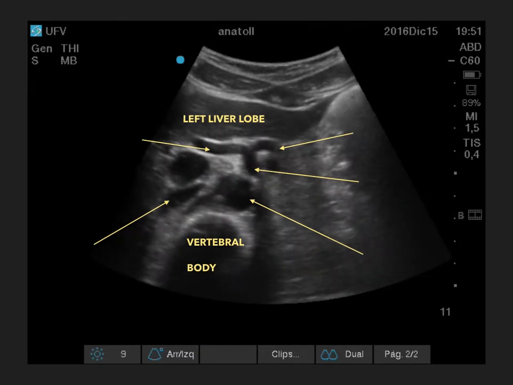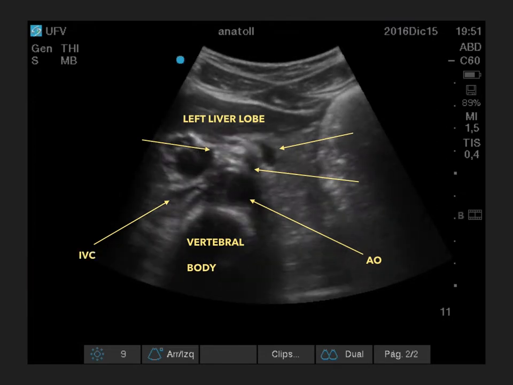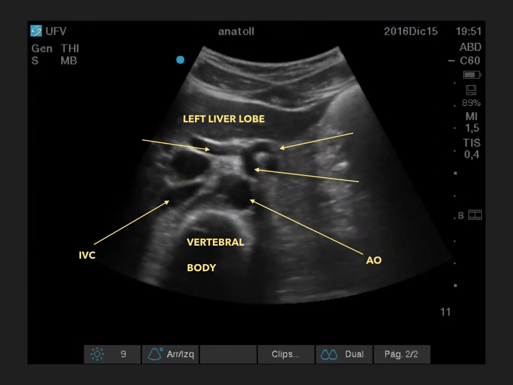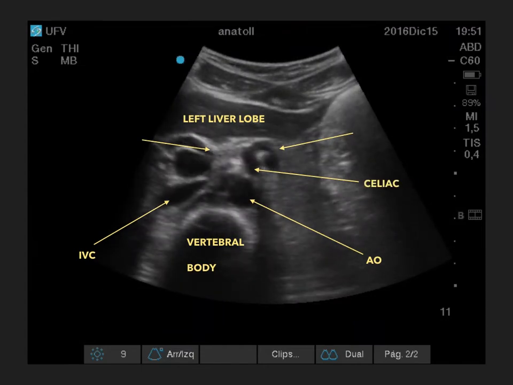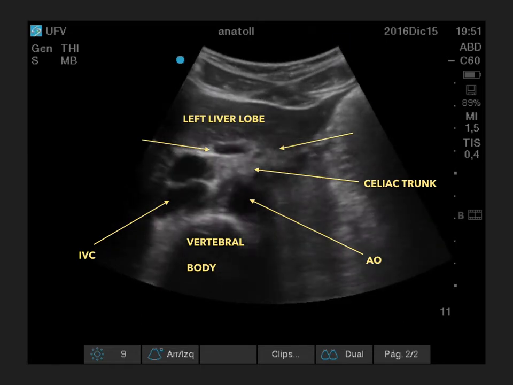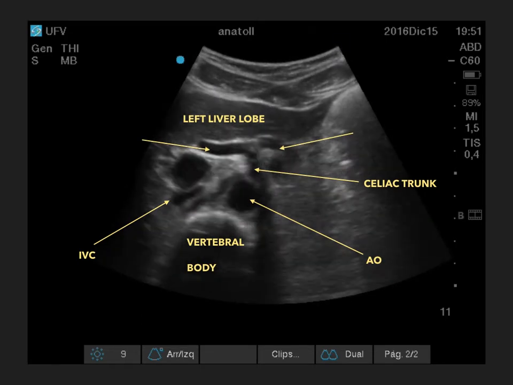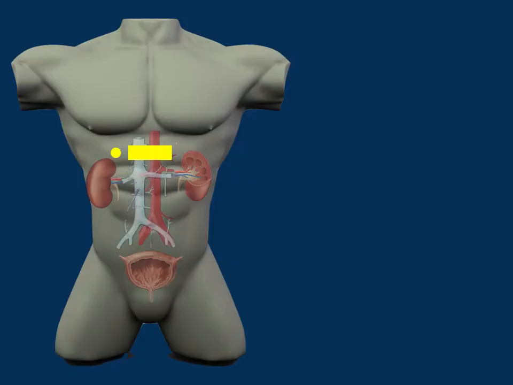Anterior to the vertebral body is the aorta and the inferior vena cava on the right side. There's a tube coming out from the aorta, which is the celiac trunk, bifurcated into two branches, the hepatic artery and the splenic artery.